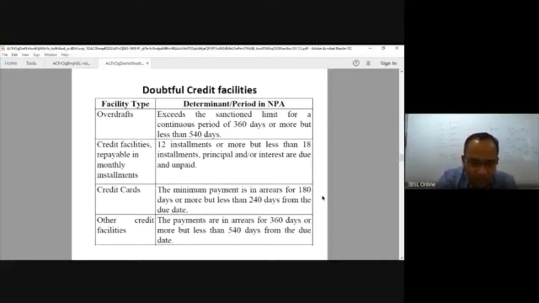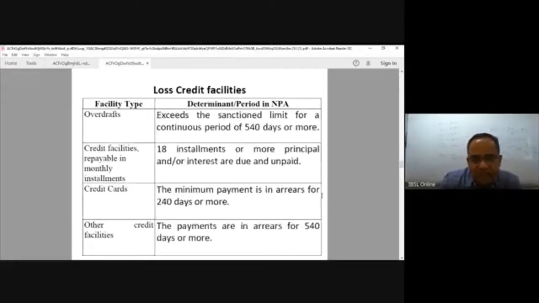Credit cards, basically more than 6 months but less than 240 days, less than 8 months, those are doubtful. Other credit facilities, more than 360 days, less than 540 days, are called doubtful.